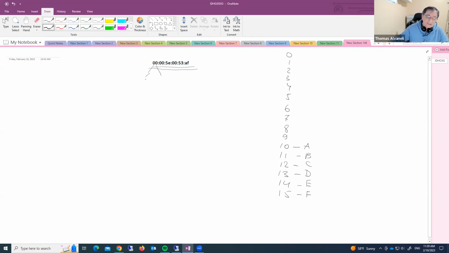Each character in a hexadecimal number is 4 bits long. So let's take 5E. Each character, 5 and E, is 4 bits long.